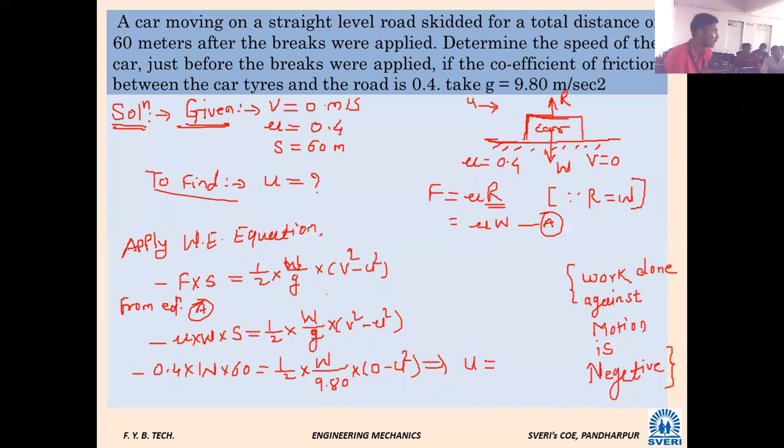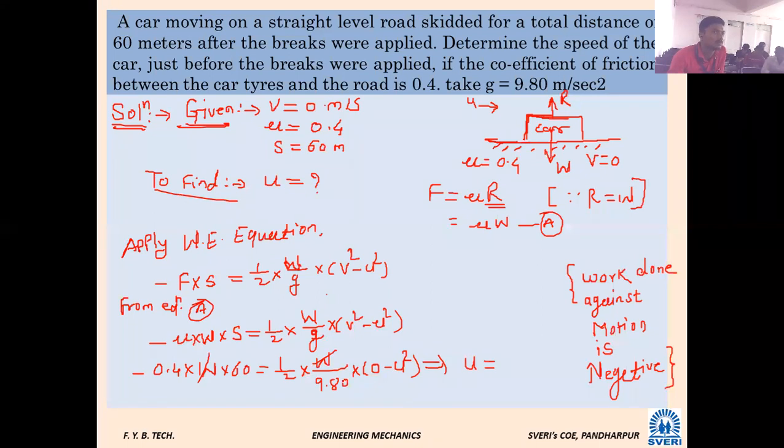Go for simplification. Online students, you also go for the calculation and tell me. This W is going to cancel. So just check how much it is now.